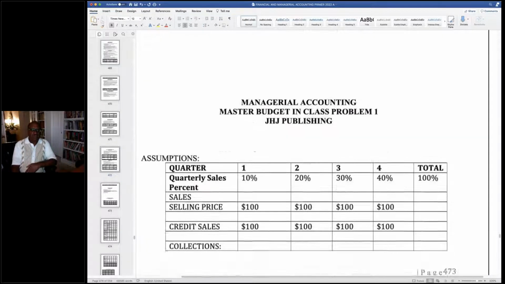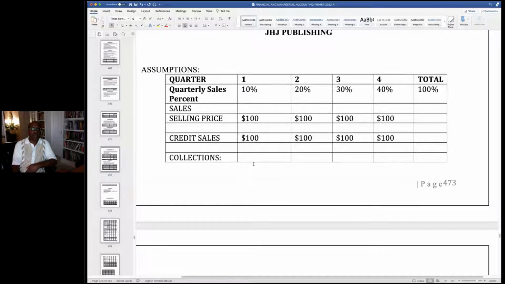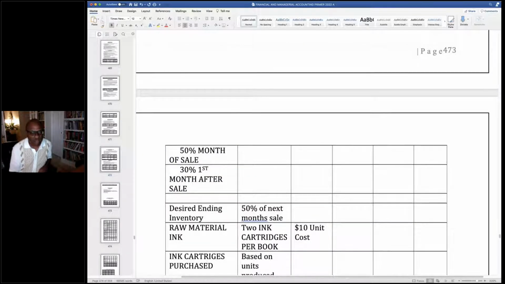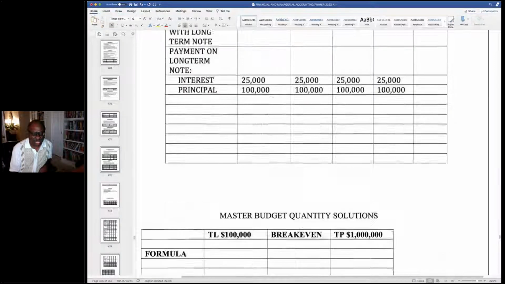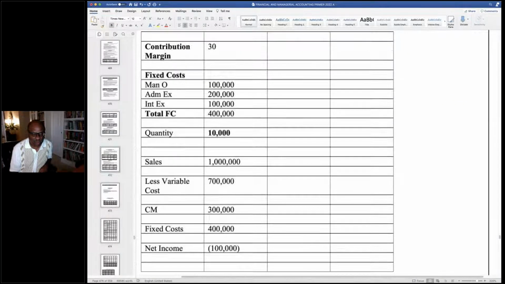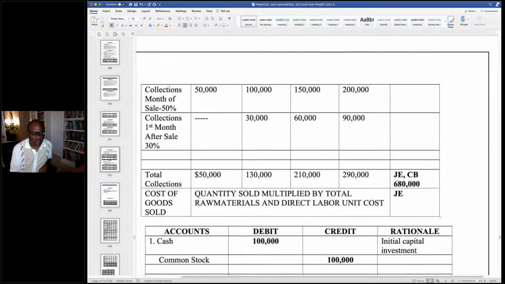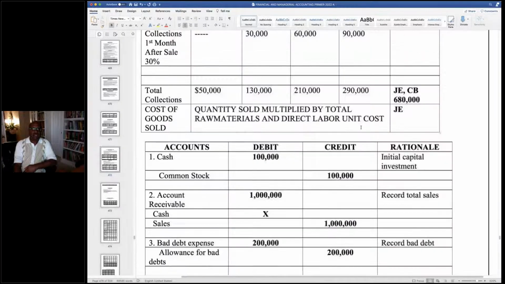Okay, now let's begin to look at these schedules. We'll begin working on them for the rest of the class now. For the production budget, notice that the first line on the production budget is sales.